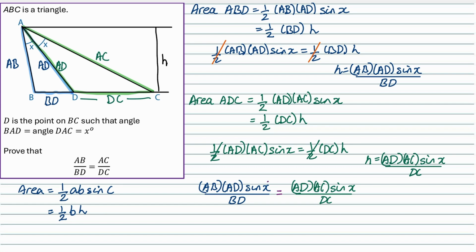We can cancel out the sine x's from both sides, and we can divide both sides by AD, so these will cancel, and what we're left with is AB over BD will equal AC over DC. And that's exactly what we were asked to show here.